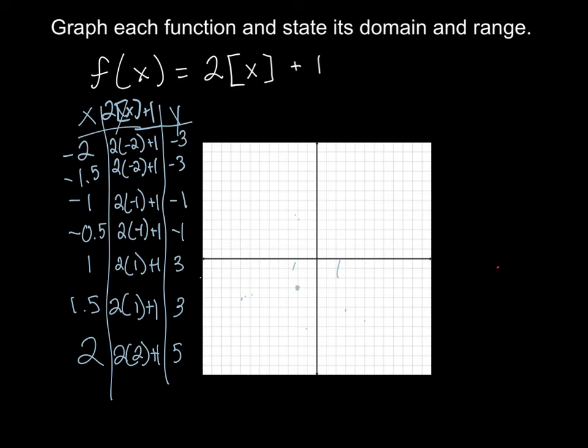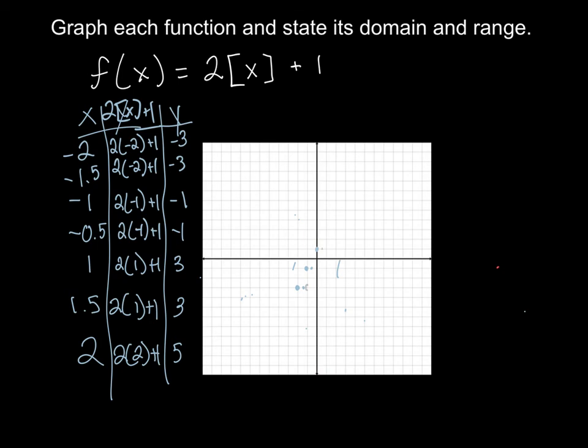And if x is -1.5, it's -3. And if x is -1, then y is -1. Up here, -1/2. We didn't do 0, but if x were 0, it would be right here. And if x were 1/2, it'd be right there.